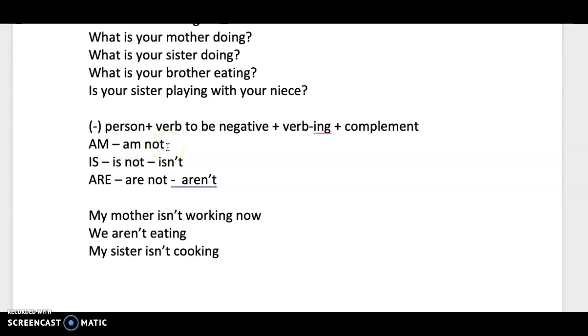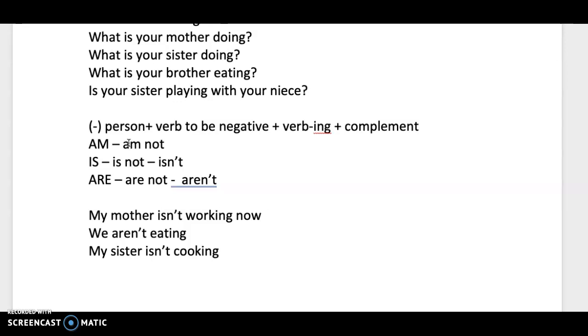The negative for is is is not, and the contraction is isn't. We have are not, and the contraction aren't. There we go. So remember these are the verb to be in negative form.